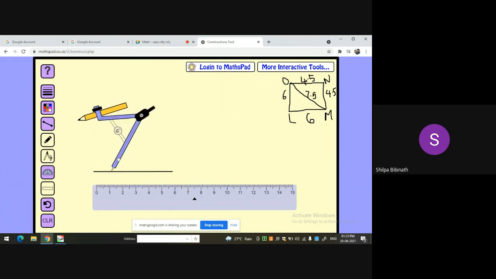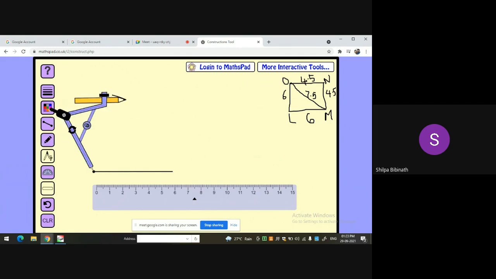Keep it at this point, and it is also 6 centimeters, so take that measurement and draw an arc over here. Okay, so we got the arc there. So now write here L M.